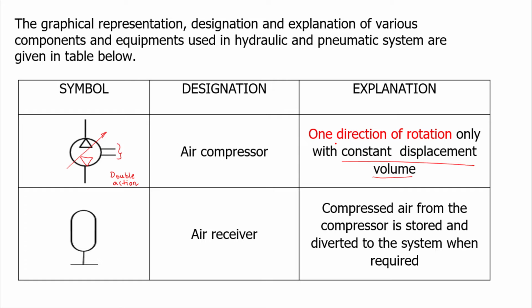If I put an inclined arrow as shown here, then we can interpret this symbol as the compressor providing variable displacement. That inclined arrow is the indication of variable displacement. If the arrow is not there, it gives constant displacement.